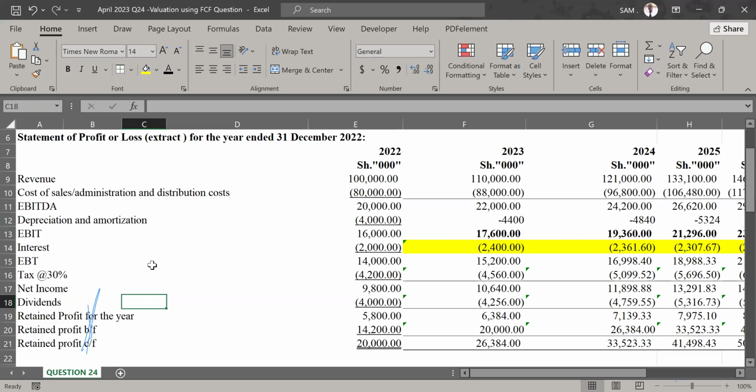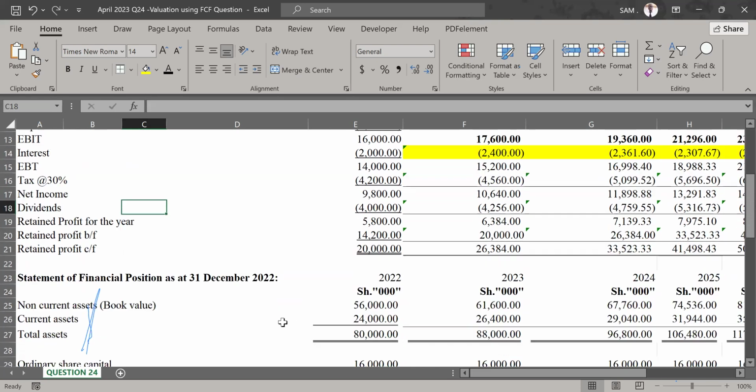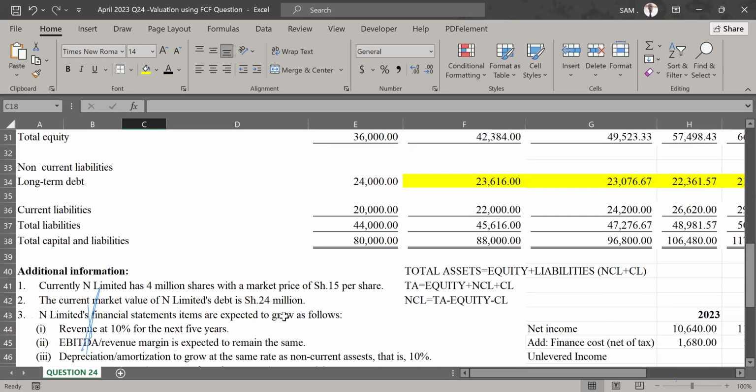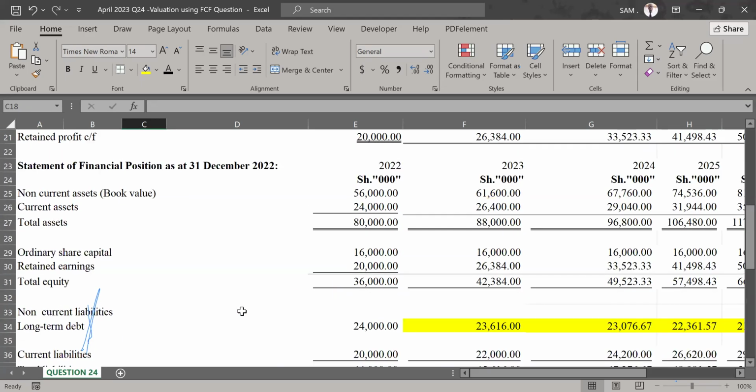Now, when we were doing our statement of cash flows, you know very well that under adjustments, you remember that formula. If you remember that formula, you know very well that tax is not falling under adjustments.